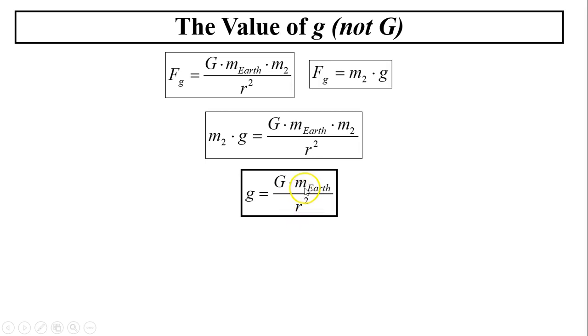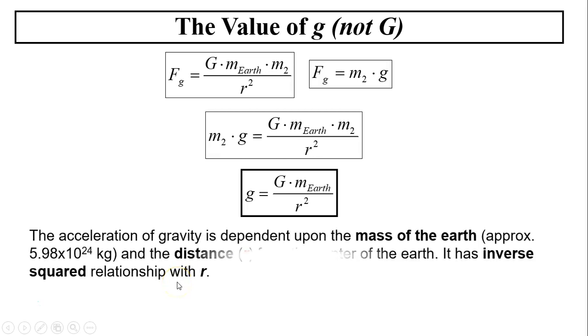So you'll have a g value that varies inverse squared to the distance from the Earth. The further you go, the smaller your g is. The acceleration of gravity is dependent upon the mass of the Earth, approximately 5.98 times 10 to the 24 kilograms, and the distance from the center of the Earth. It has an inverse squared relationship with r.